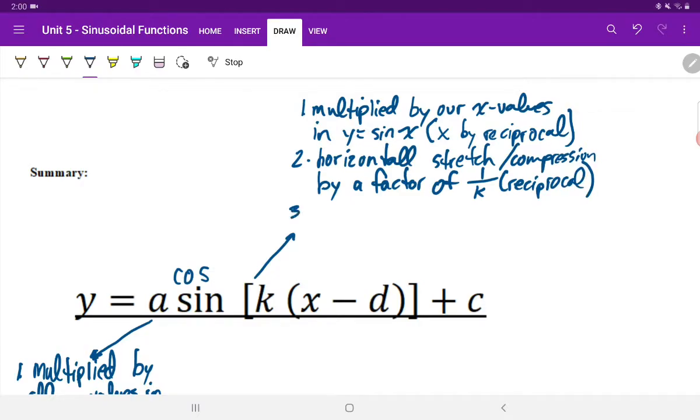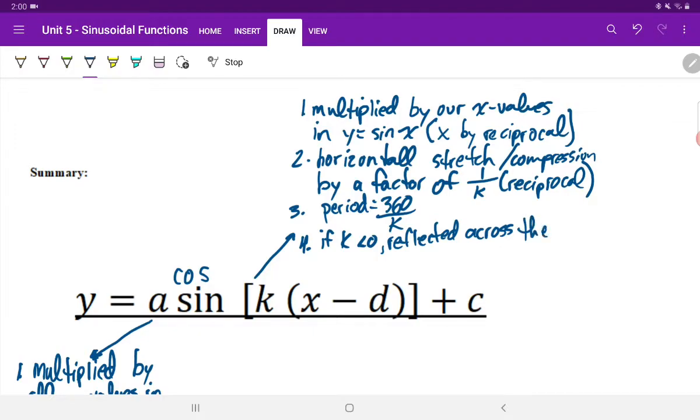And lastly, well, second to last anyway, the period can be found if you know the k value. The period is equal to 360 divided by k. And now lastly, if k is less than 0, reflected across, this time, the y-axis. Okay, the y-axis.